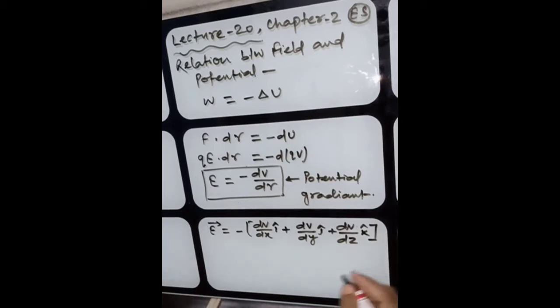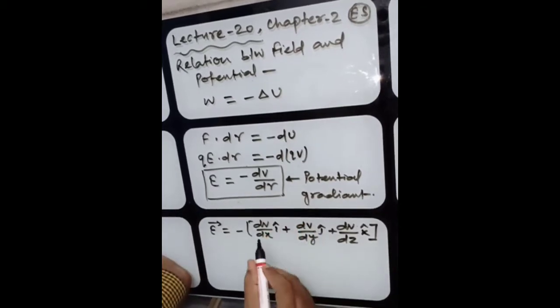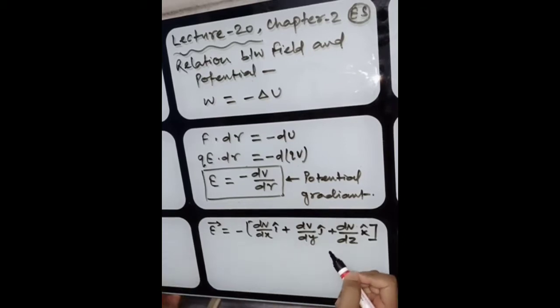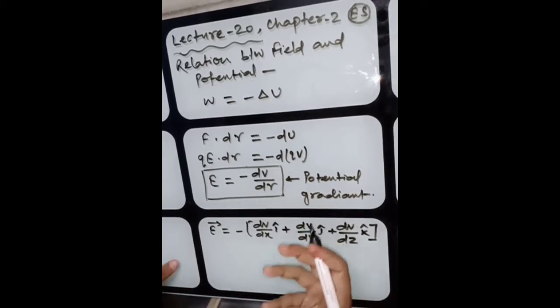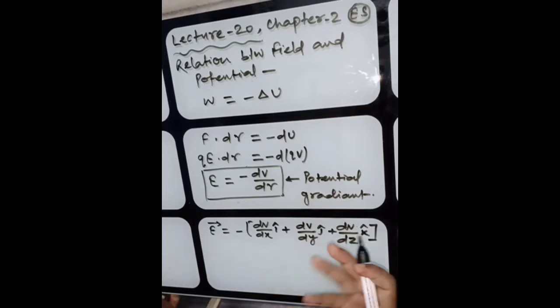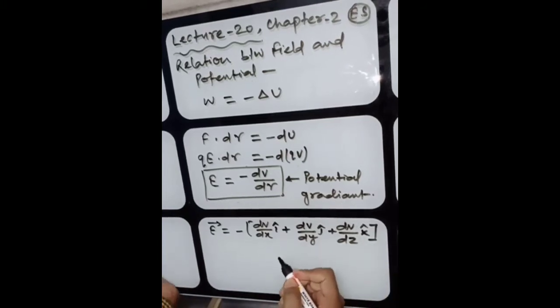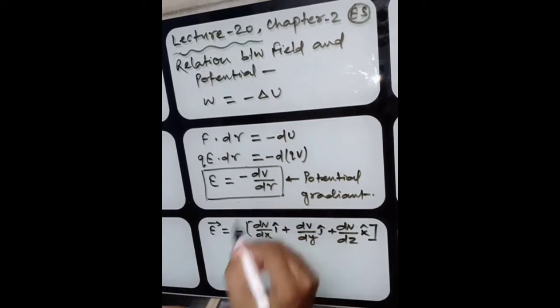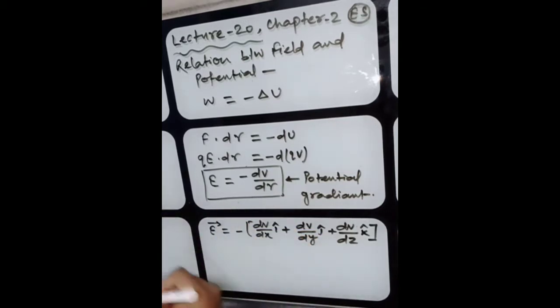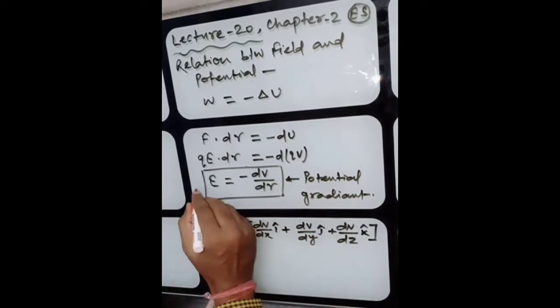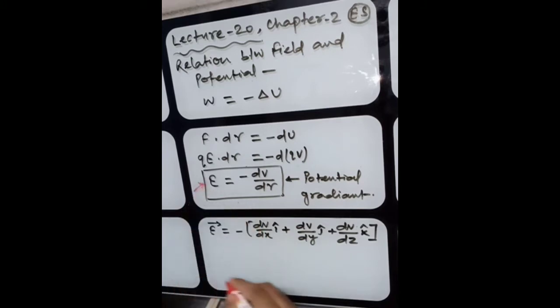Remember students, while you are talking about very small quantities, you have to take the partial differentiation, and that tool we have discussed in detail. But here we are getting a very important formula.